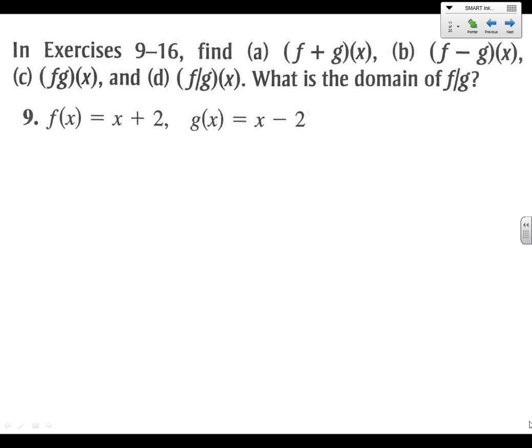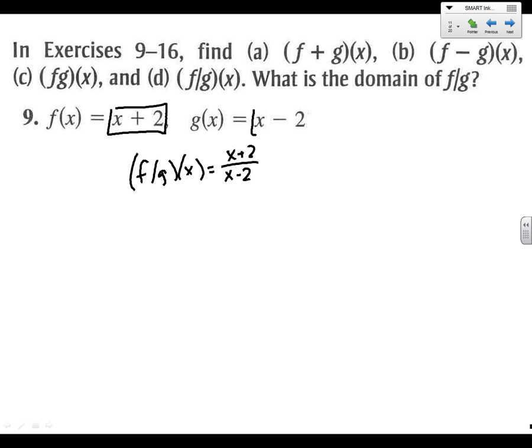All right, here we go. 9D, f over g of x equals x plus 2 over x minus 2. And in this situation, there is no problem with the original f for the domain. X could be any number.